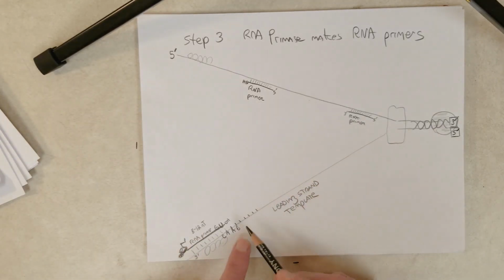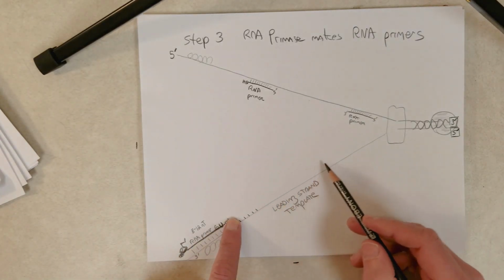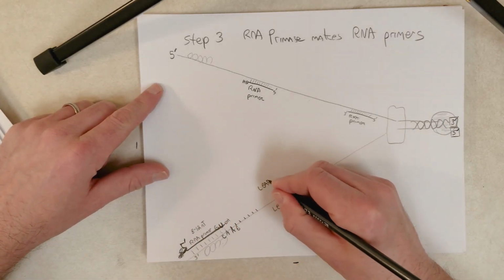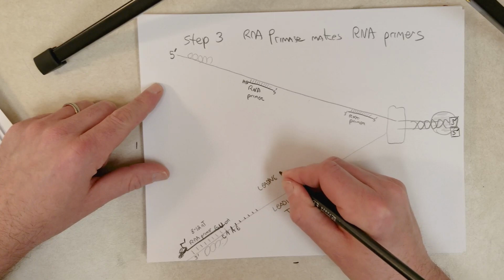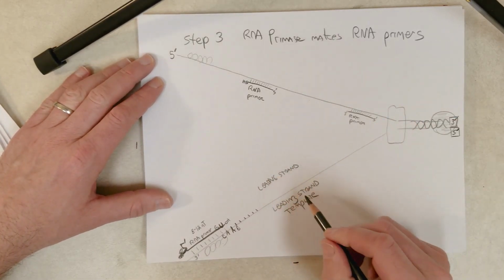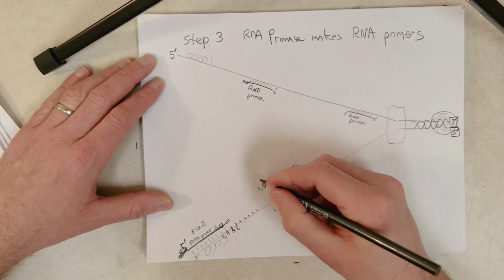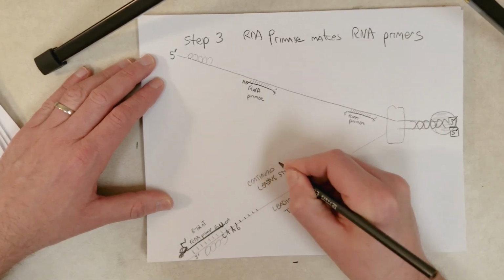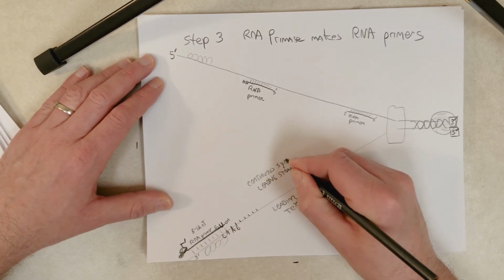And we're going to call the DNA strand that's being made on this template the leading strand. Now, the leading strand is formed by continuous synthesis.